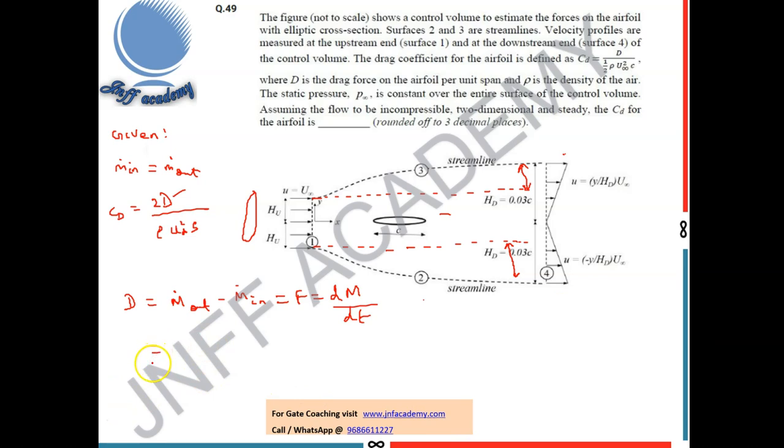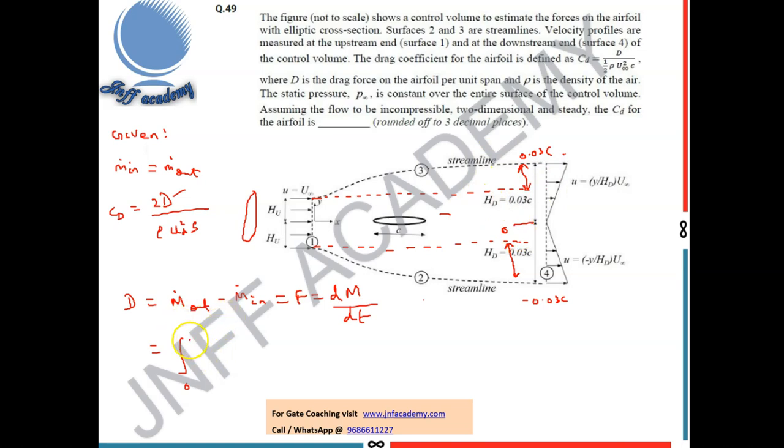Momentum out is equal to the integral from 0 to, see here it is given, minus 0.03c, to this location is 0. Then this is 0 to plus 0.03c, which is called just ht.